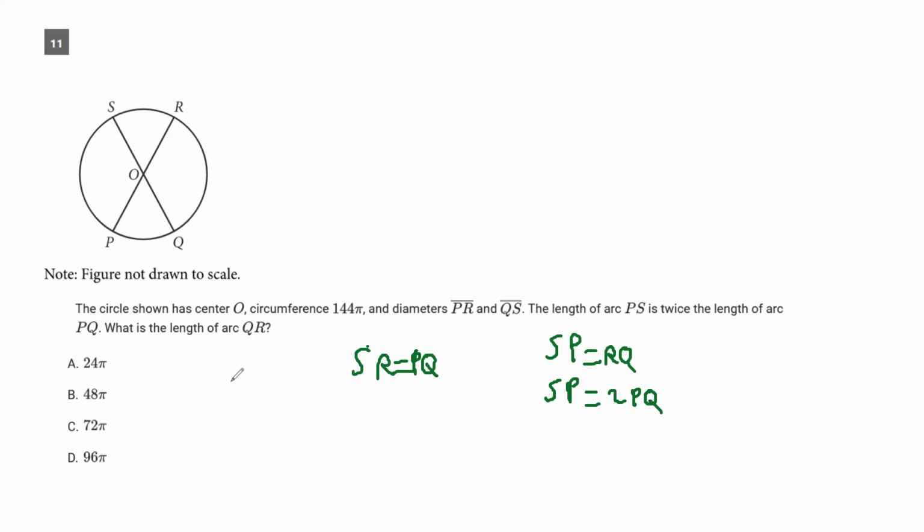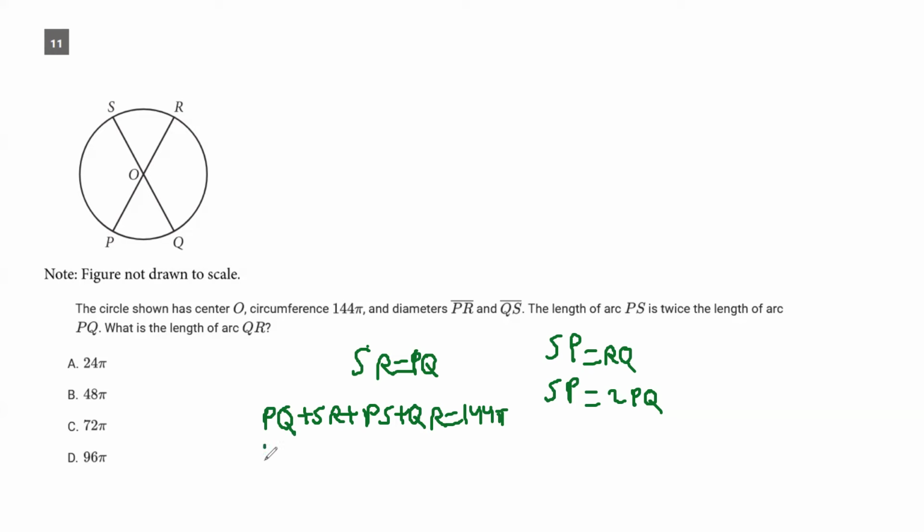So now we can make a formula from it, right? Let's say PQ plus SR plus PS plus RQ equals 144 pi. And then everything can be substituted with PQ in it.